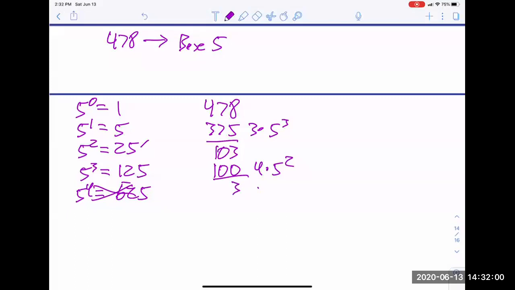I have 0 times 5 to the first, but I have a 3, which is 3 times 5 to the 0. So now I'm done. So in base 5, this number is 3403, base 5. You can practice this technique. You could try converting it to base 3.